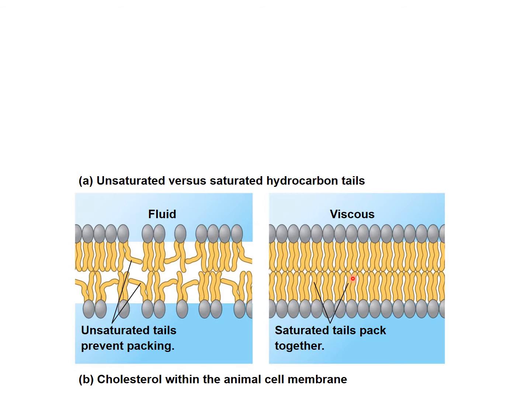Now, as opposed to that, we have fatty acids that are unsaturated, and you can see that they have cis double bonds within them, because there are kinks. The kinks create space in between the fatty acids, which makes it more fluid, more loose.